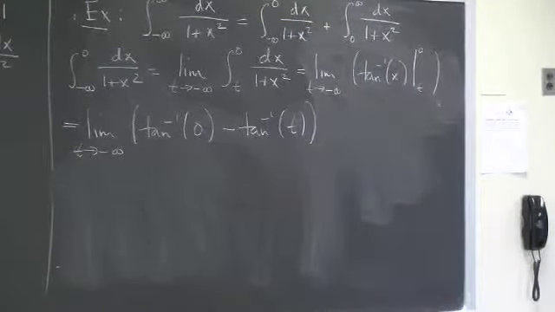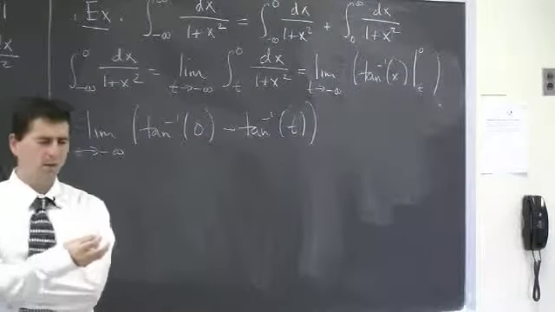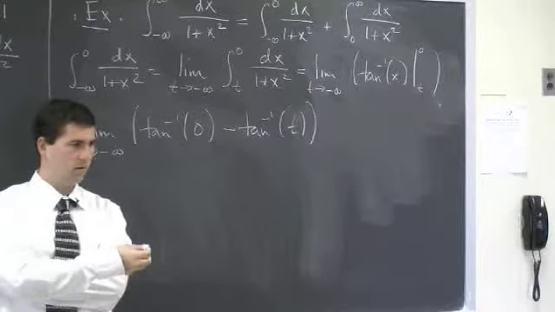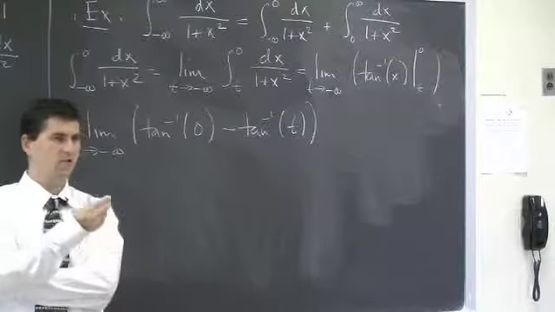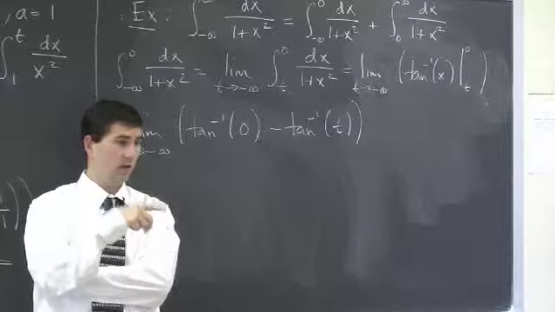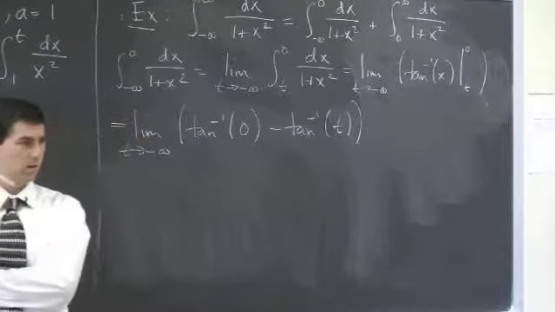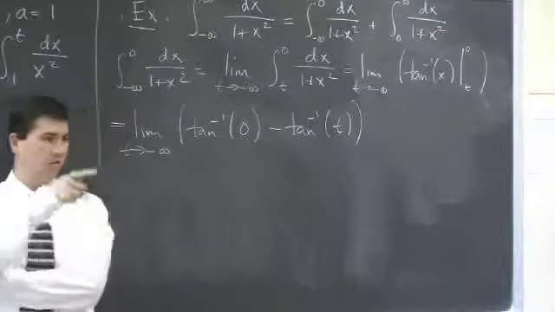Okay, so now we need to know what is arctan of 0. So let's see, we need to find an angle whose tangent would be 0. Let's see, tangent is sine over cosine. That'll be 0 if, well, it's a fraction. The fraction is 0 when the numerator is 0, so when sine is 0.